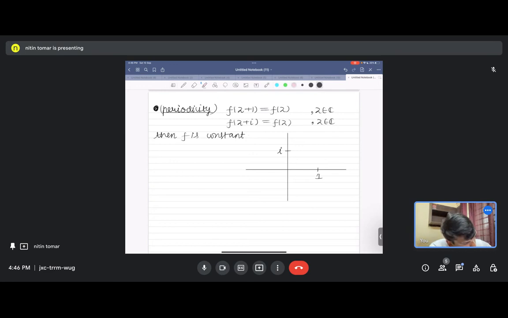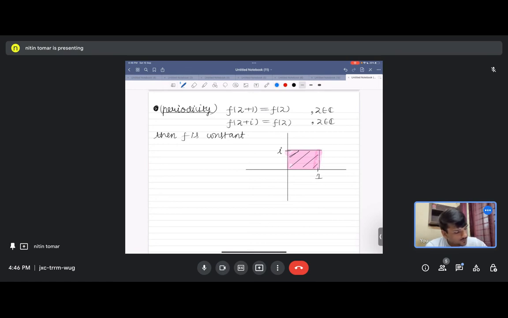So in this square, after every, like what does f(z plus 1) mean?